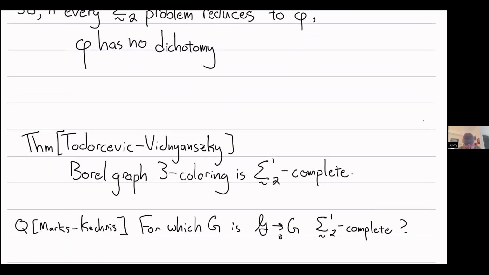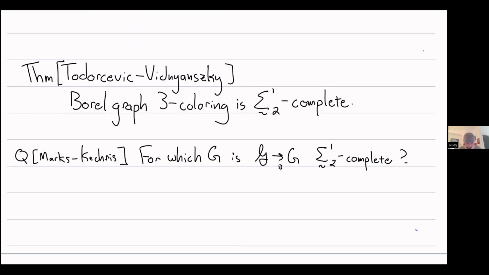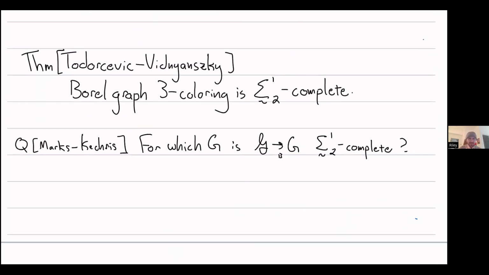So shortly after Todorcevich and Vidyatsky published their paper, I believe Marks and Kechris asked at a workshop in Ames for which G this graph homomorphism problem is sigma 1, 2 complete. And you can ask a similar question.